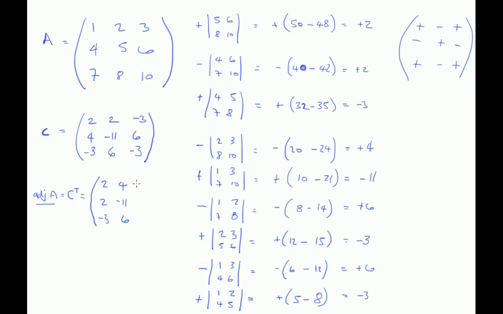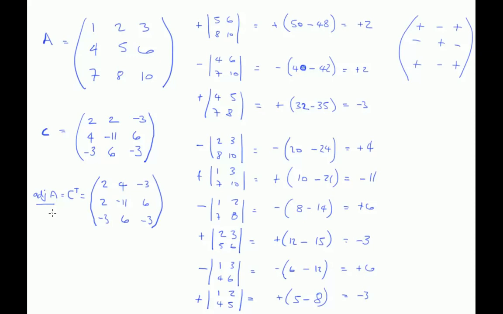And then the last row becoming the last column, minus 3, 6, minus 3. So that is something which we call the transpose of the matrix of cofactors of A, which is equal to, by definition almost, the adjoint of A.